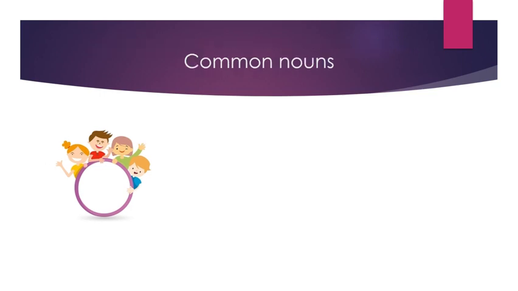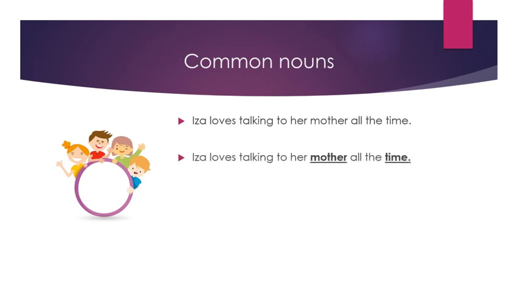Still common nouns, we are on the topic of common nouns. Let's look at more examples. Isa loves talking to her mother all the time. Now let's look at what the common noun in the sentence is. Have you identified it?